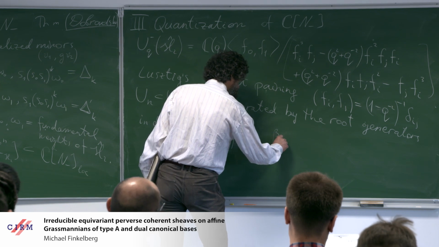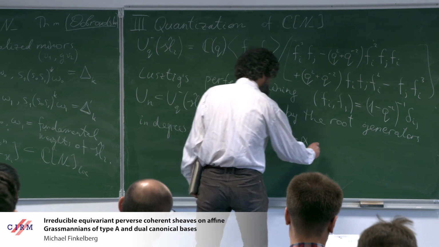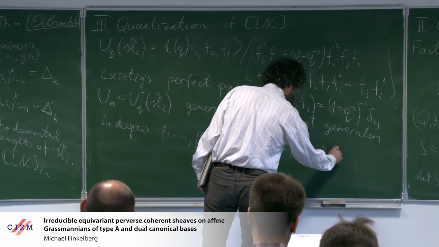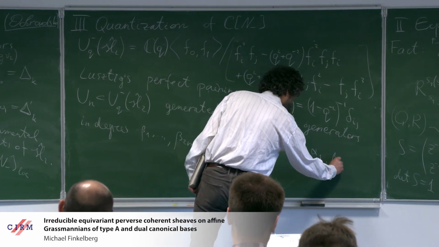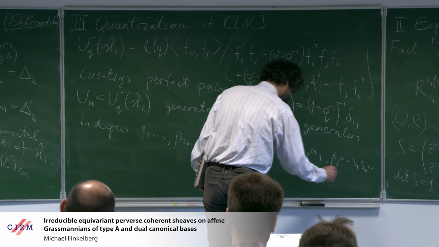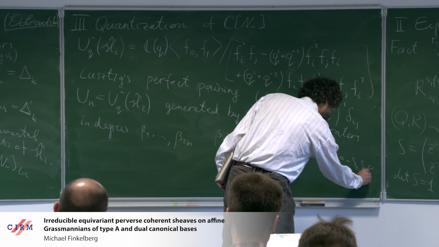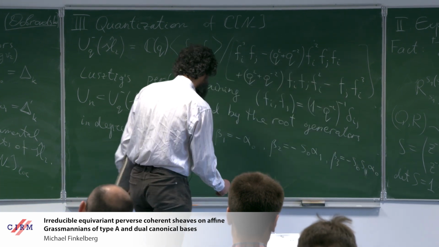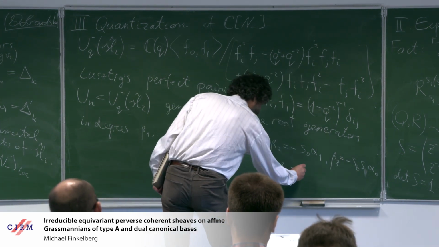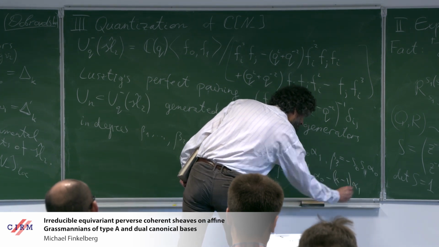So beta 1 will be just negative alpha 0, and beta 2 will be negative S0 alpha 1, and beta 3 will be negative S1 S0, S0 S1 alpha 0, and so on, so that beta k is just negative k alpha 0, negative k minus 1 alpha 1.